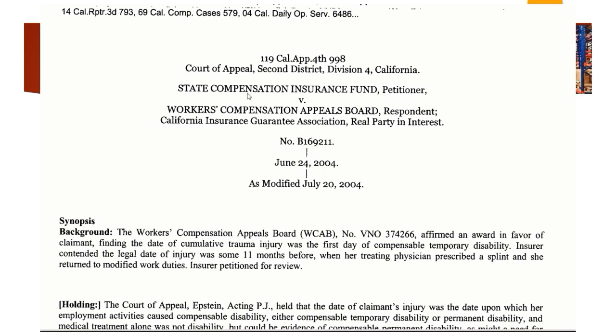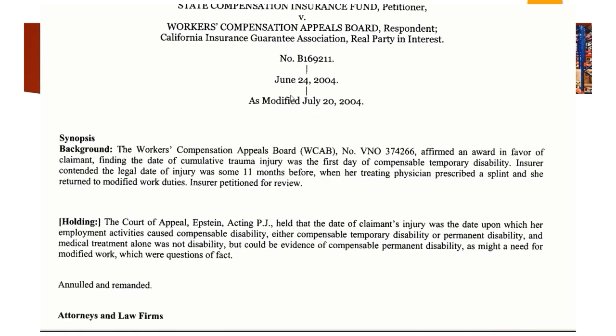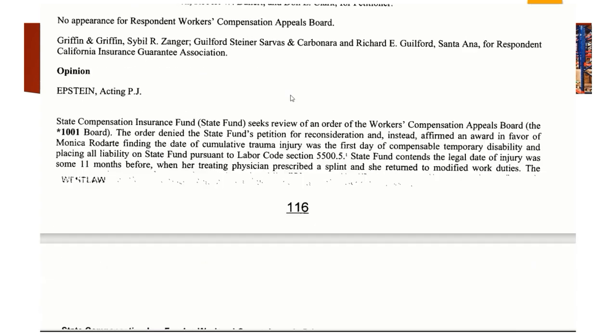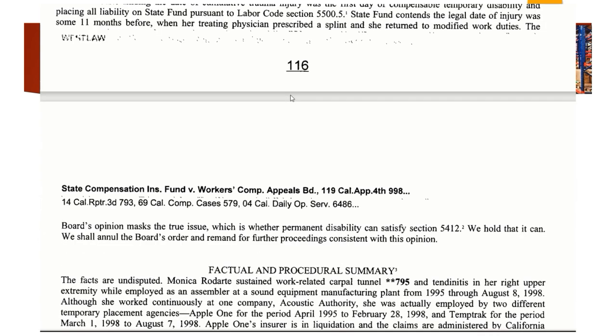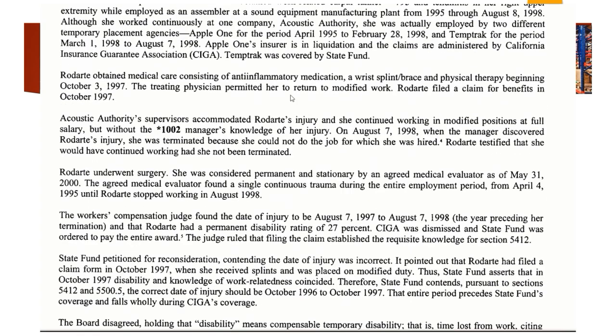Okay, so let's take a look at the Rodarty case. Here it is, State Compensation Insurance Fund versus the WCAB, also known as the Monica Rodarty case. And let's go through it. So Rodarty obtained medical care consisting of anti-inflammatory medicines, a wrist splint, and physical therapy beginning in 1997.